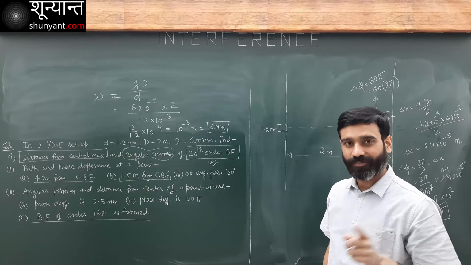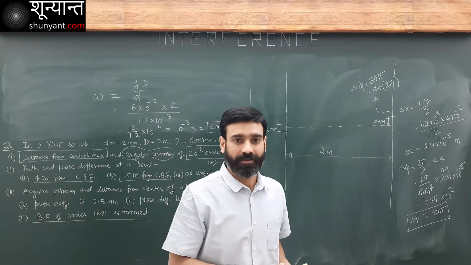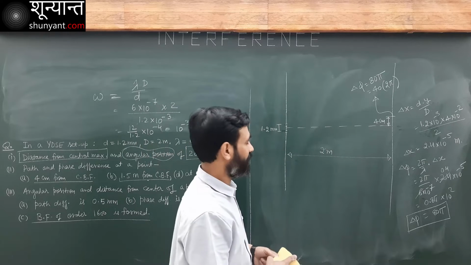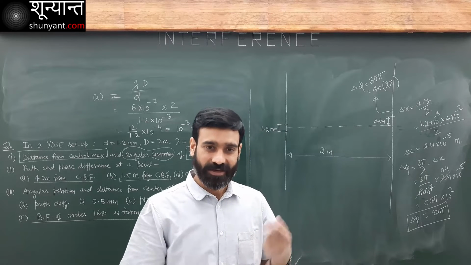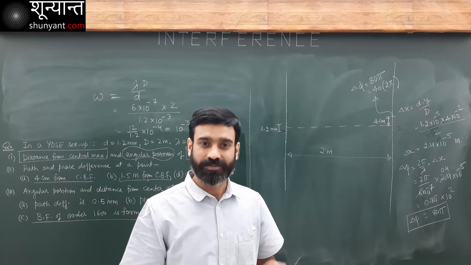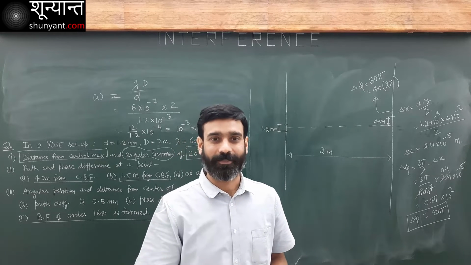What will be the order of that bright fringe? Like it will be first bright fringe, second bright fringe, 10th bright fringe, 20th bright fringe, 58th, 100th. Which bright fringe is it going to be?